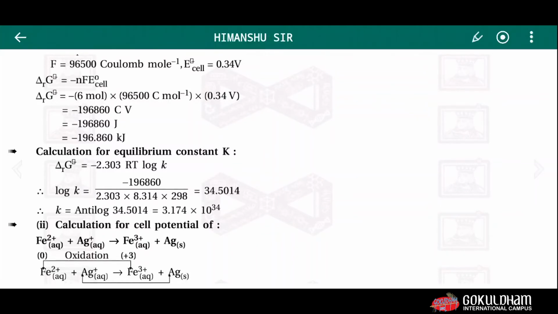So your answer is 3.274 into 10 raised to 34. This is our first case.